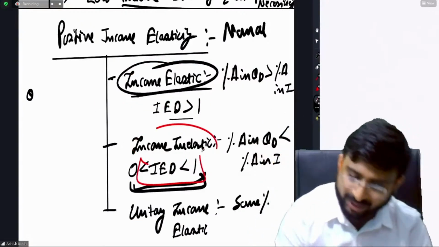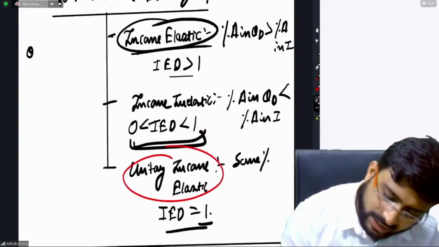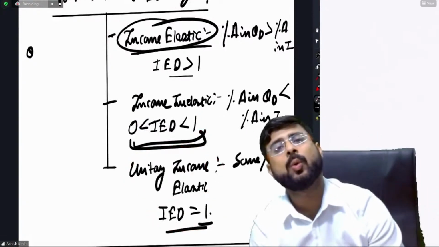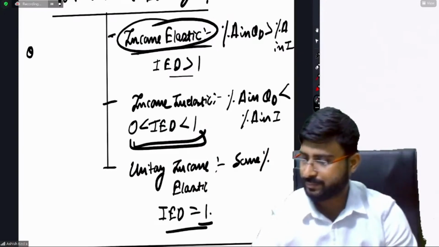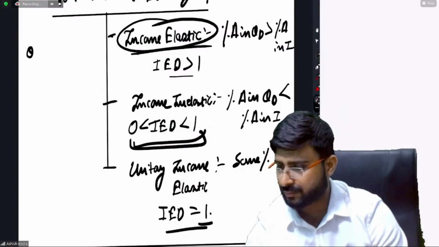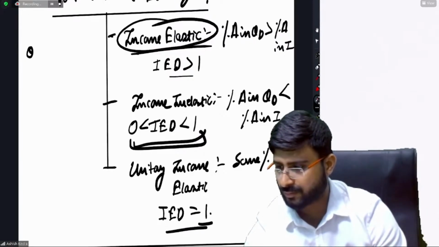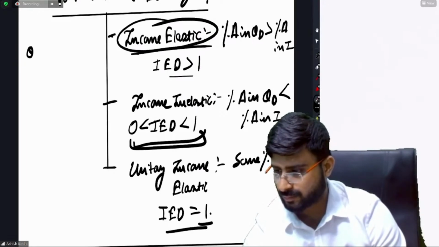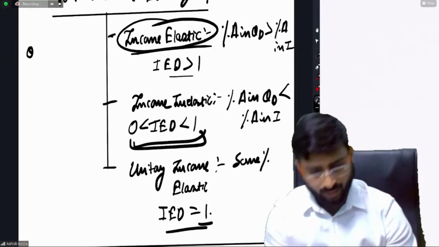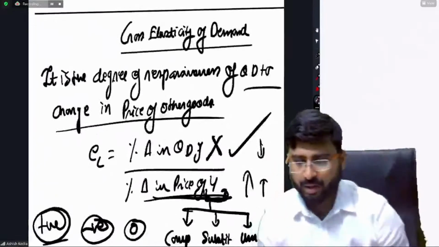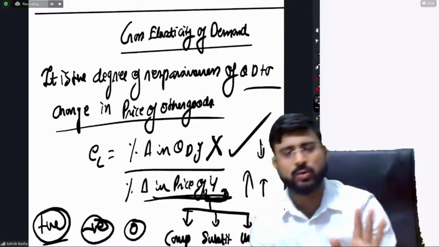Income inelastic, value is between 0 and 1. And unitary income elastic, it is exactly equal to 1. Great. So friends, income elasticity is also over.